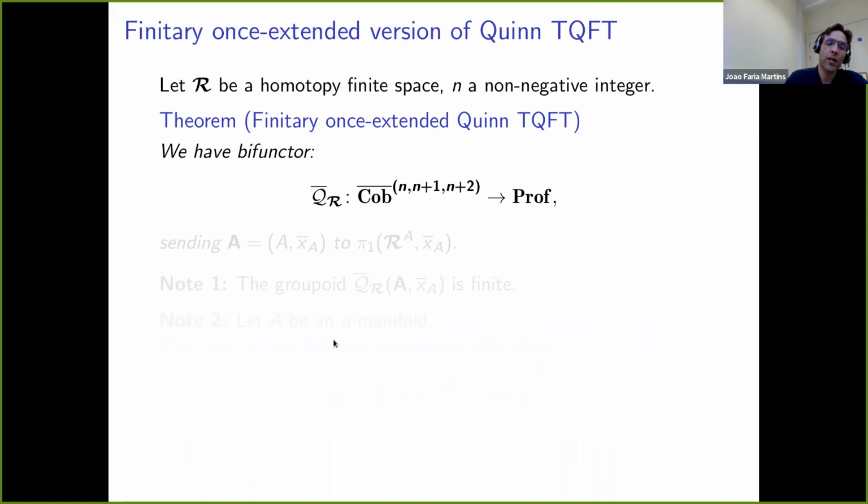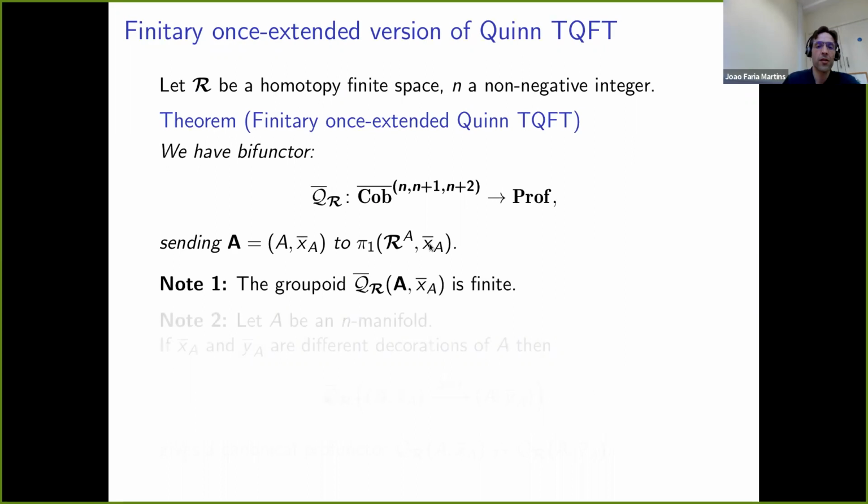So it goes from this bicategory of decorated manifolds, cobordisms and extended cobordisms to prof. And essentially it sends a decorated manifold to the fundamental groupoid of the function space based on this finite set. And in doing so, we realize the next step in which you make these target groupoids finite.